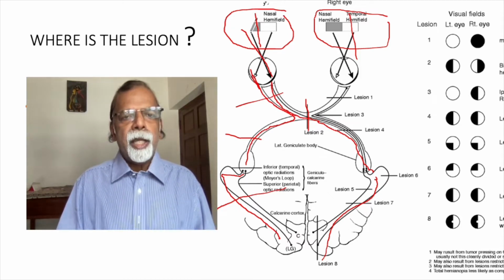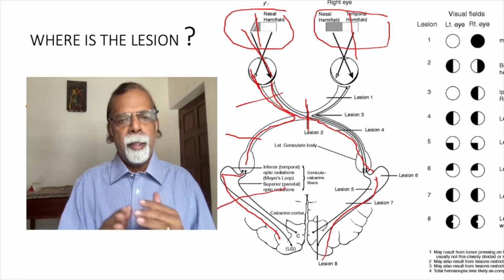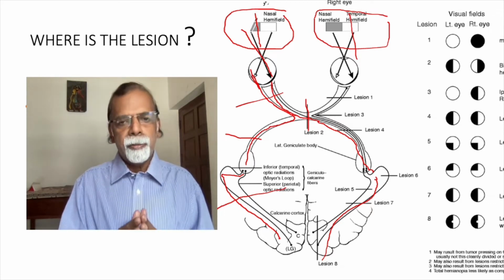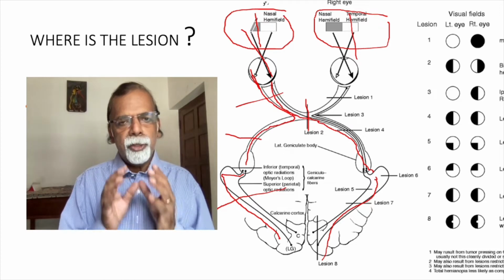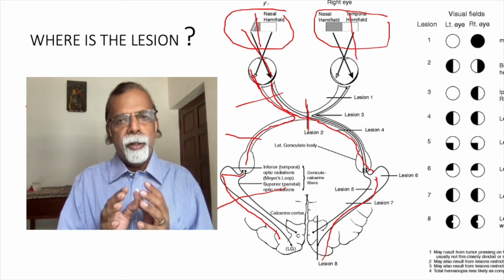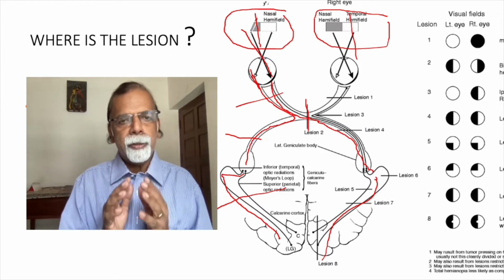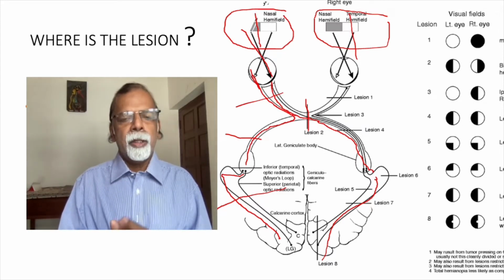Any lesion anterior to the chiasm, so take the chiasm as the central point, anything anterior will produce unilateral visual loss, that is anopia. So somebody comes with a visual loss in one eye, provided ophthalmological causes are ruled out, you can be certain that it is due to an optic nerve problem.